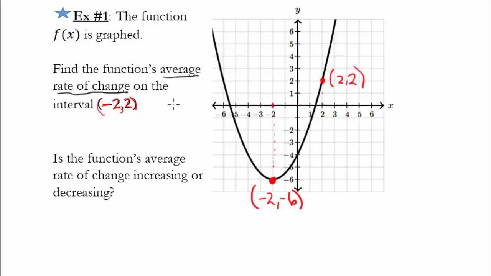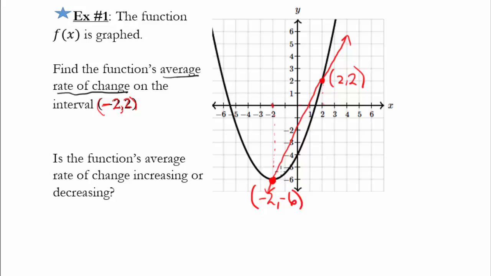If I want to find the average rate of change, this is another way of saying, what's the slope. Now I know that this is not a linear function, but if I were to draw a line between these 2 points, on average, how much is the function changing? Not at any one point, but on average. Imagine going from -2 to 2 at a steady clip.